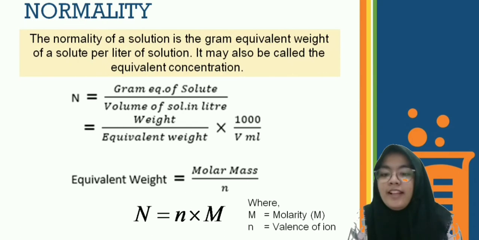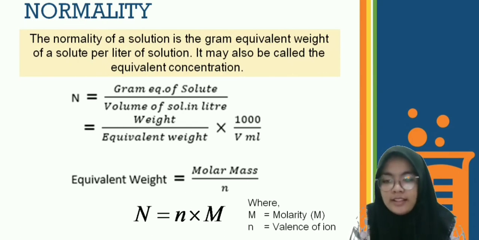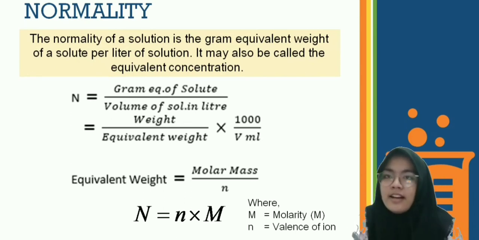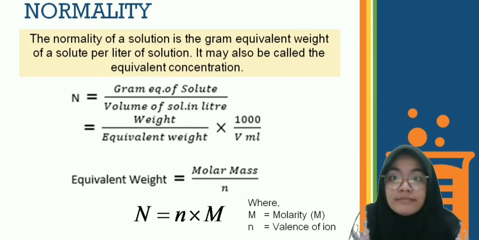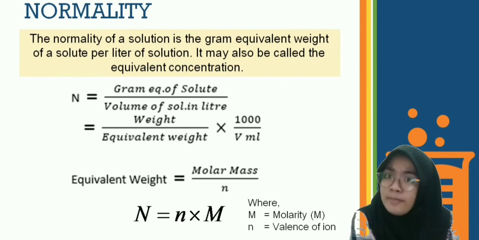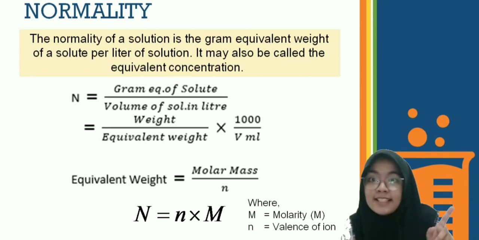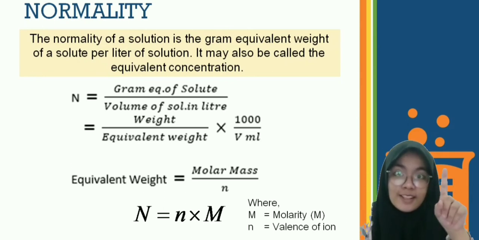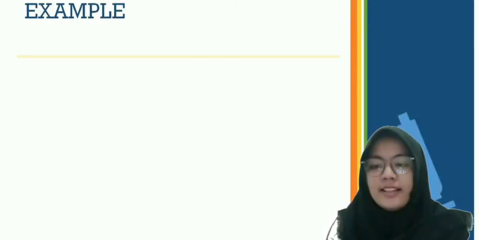And then weight divided by equivalent weight, equivalent is the molar mass divided by n. And in here n is the valence of the ion. You can see the example of sodium, Na plus. The plus in the ion of the sodium is 1, so the n is 1.